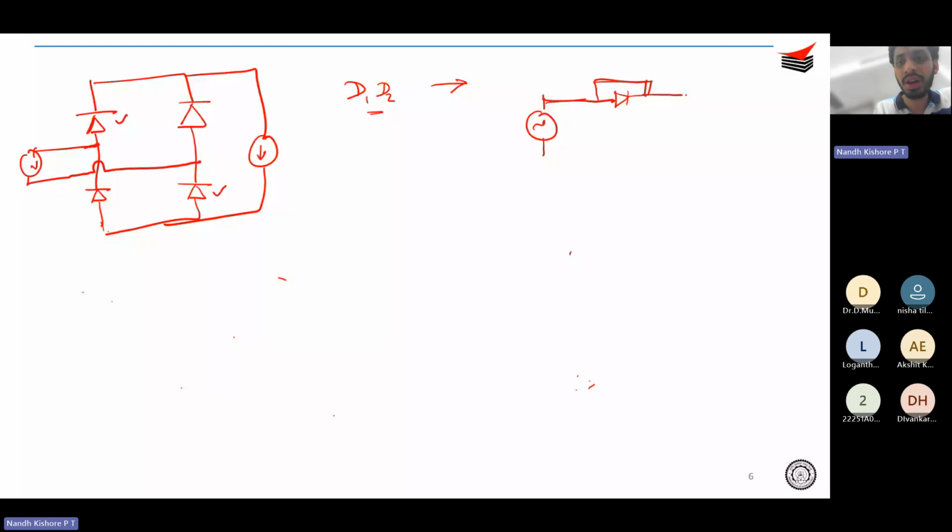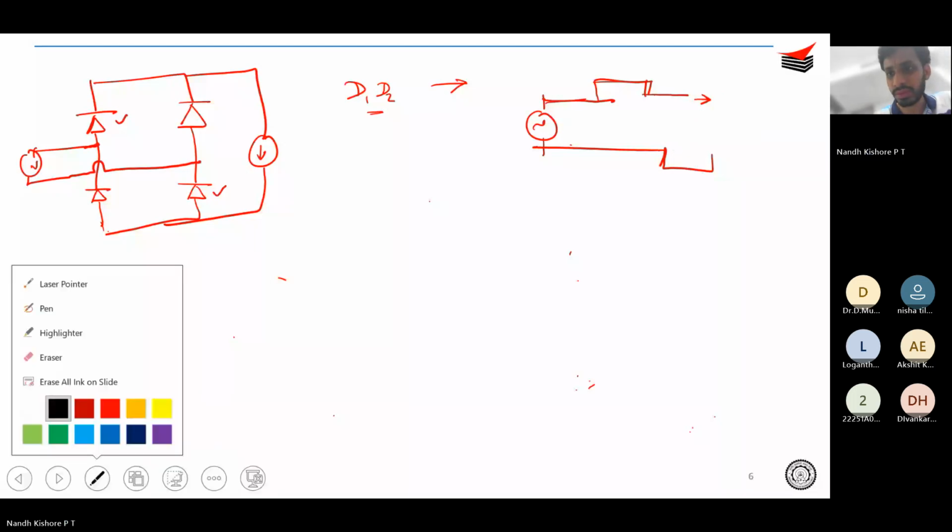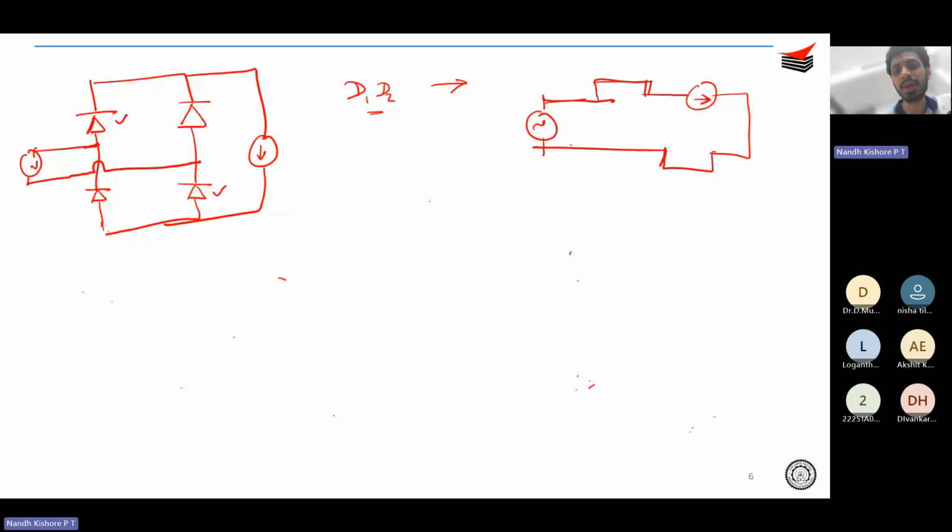And then it goes to the load, and then it comes back through D2. D2 is anyway shorted. Let's assume these are all ideal diodes. So you get something like this. I will erase this off.